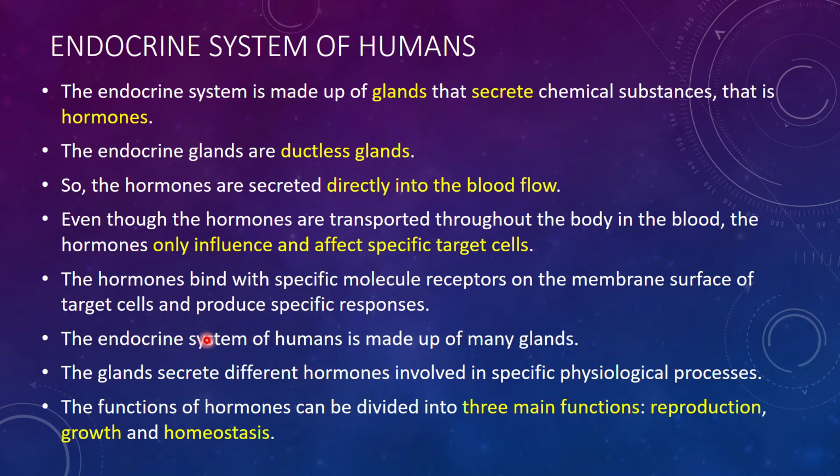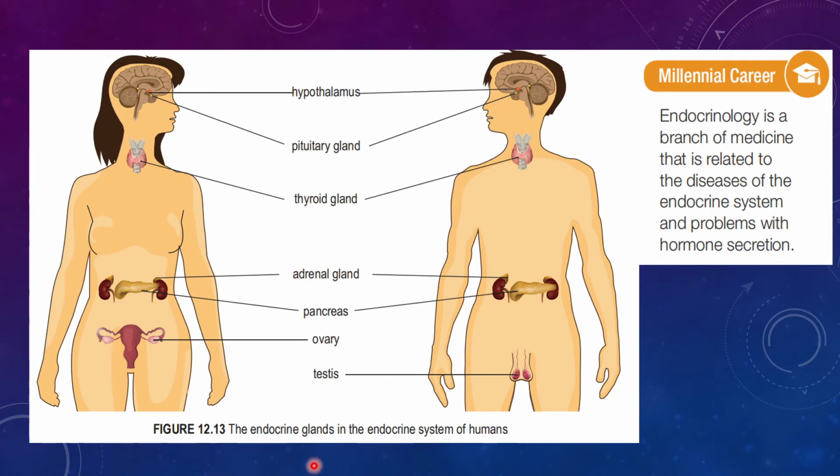The endocrine system of humans is made up of many glands, and it affects specific physiological processes. There are three main functions of hormones, and that is reproduction, growth, and also homeostasis.